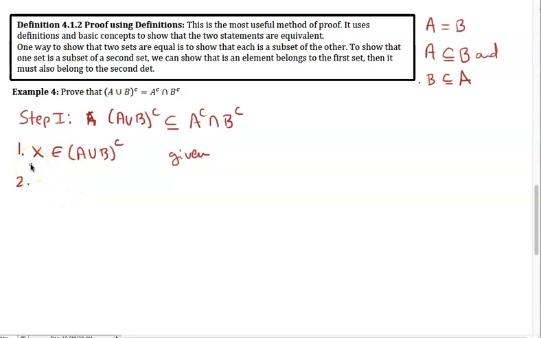You use X as an arbitrary member. All right, so we're going to use some definition to rewrite this. So if X is a member of the complement of A union B, then that means that X is not a member of A union B. And this is just the definition of what a complement is.